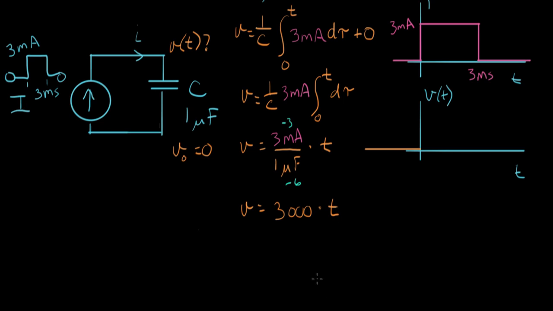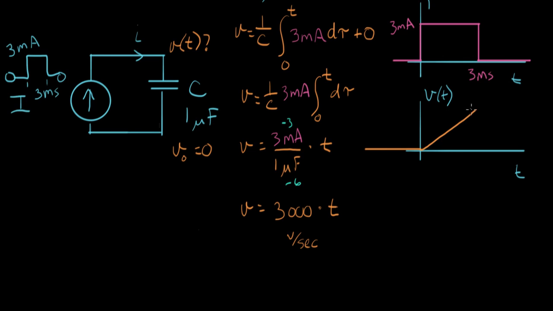And what's that? That's the equation of a line. And it has a slope of 3,000. What's the units here? This is 3,000 volts per second. And so I'll go over here and we'll sketch this in. This is going to be a line that's a straight ramp with a constant slope, like that. It's going to be happening all during this pulse.